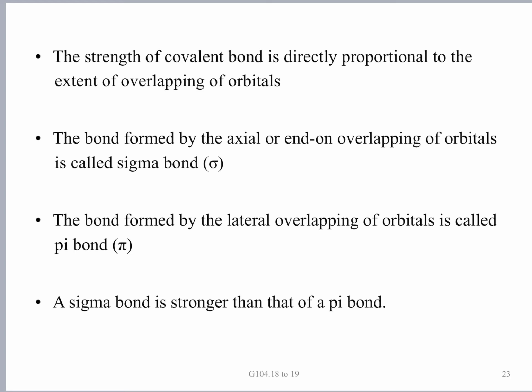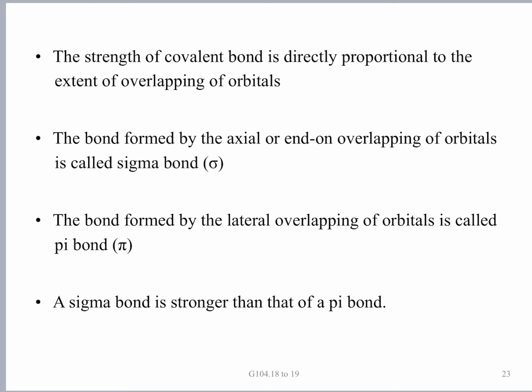The bond formed by axial or end-on-end overlapping of orbitals is called a sigma bond. Sigma bond is very strong. It is formed along the internuclear axis between the bonding atoms.